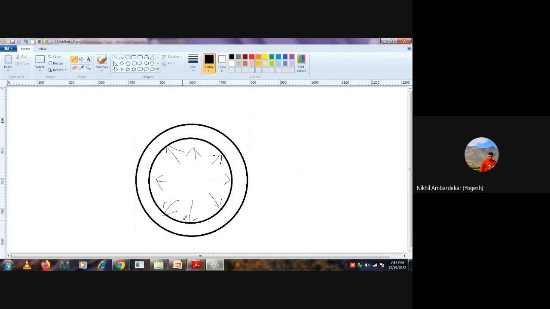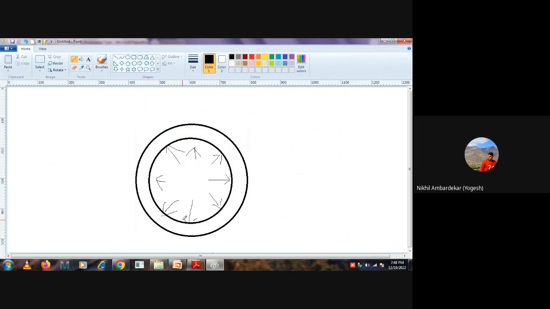This is the plan view. I'm just standing above the circular water tank. What will happen? Hoop tension, circumferential tension will develop, sir, in the hoop. Correct. Hoop tension, circumferential tension. Because of this water pressure, the wall tries to expand, just like when we fill air in a balloon.